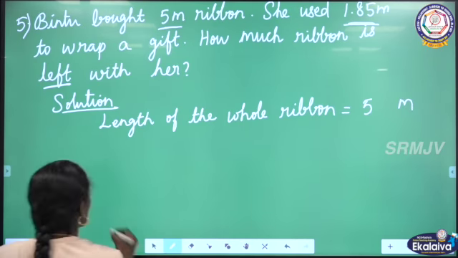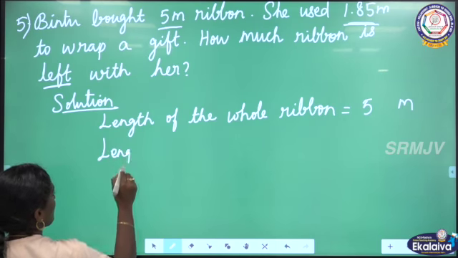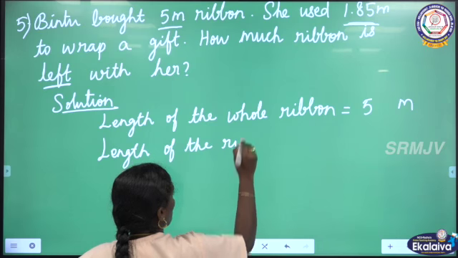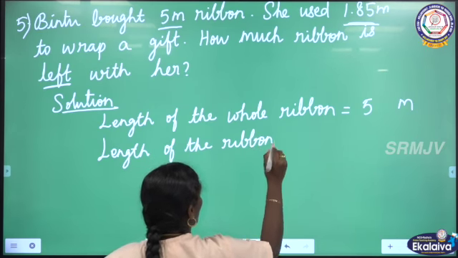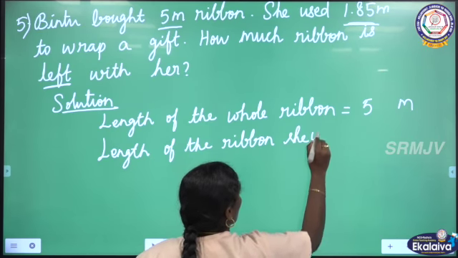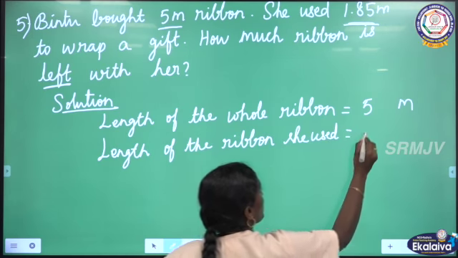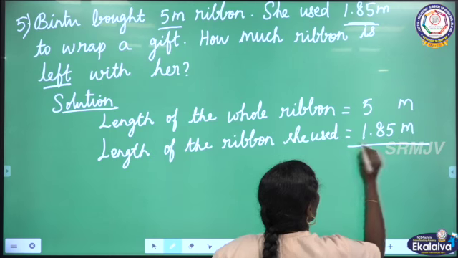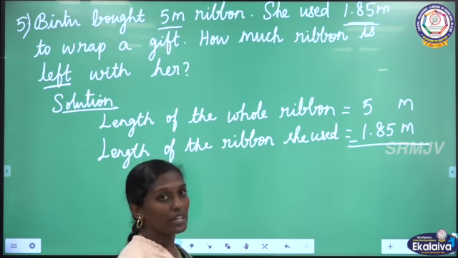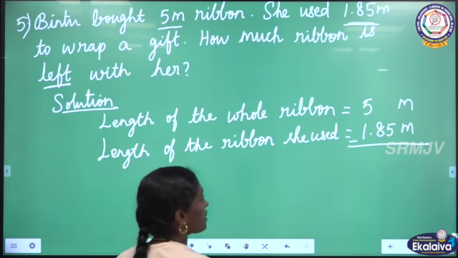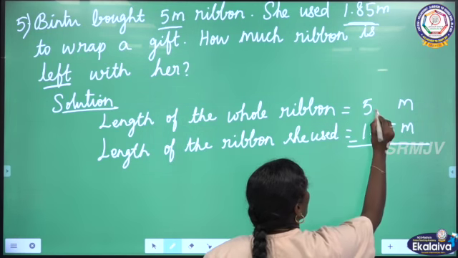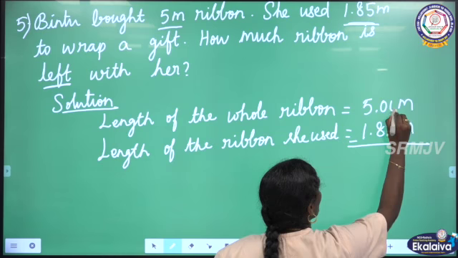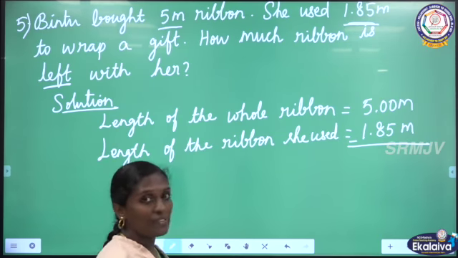The length of the ribbon she used is equal to 1.85 meter. Now, we have to subtract these two numbers to find out the length of the ribbon left with her. Here 5 is a whole number. Here the decimal part is 0. In the second number we are having two decimal places. So, I am adding 2 zeros in the first number.